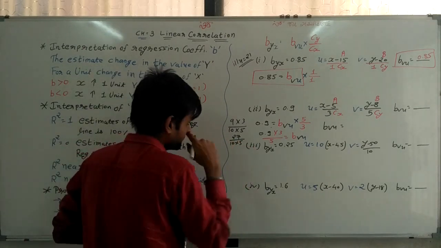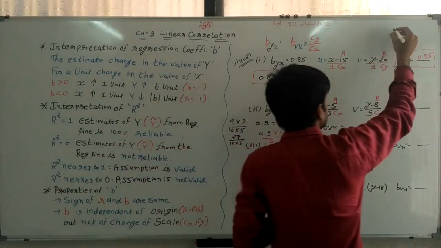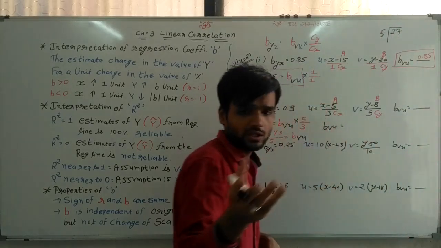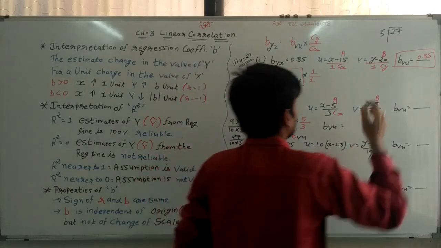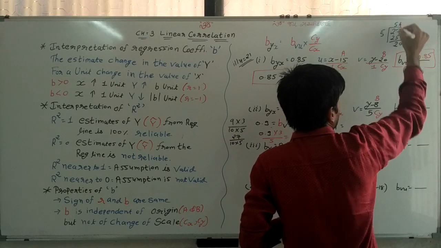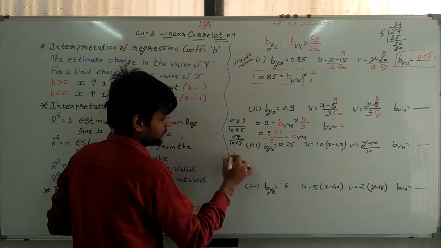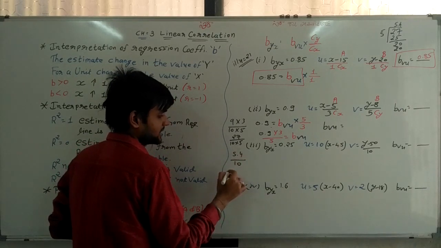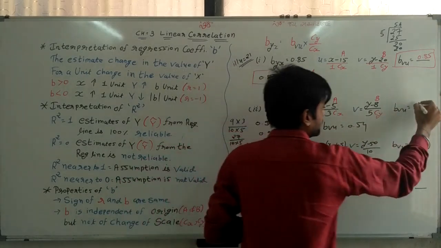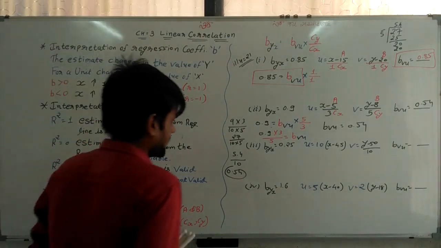Now we are finding the value of 27 by 5. You can do it in your calculator. 5 5s are 25, 5 4s are 20, so 5.4 is there. So 5.4 divided by 10, the answer is 0.54. So here bvu is equal to 0.54. Because I don't have a calculator, I have to do it in this way.